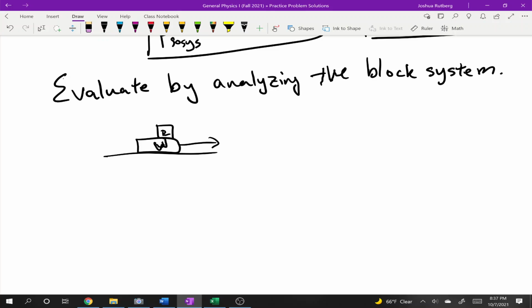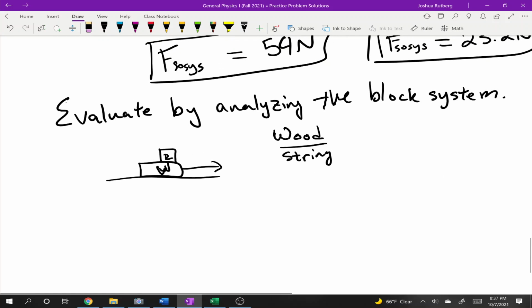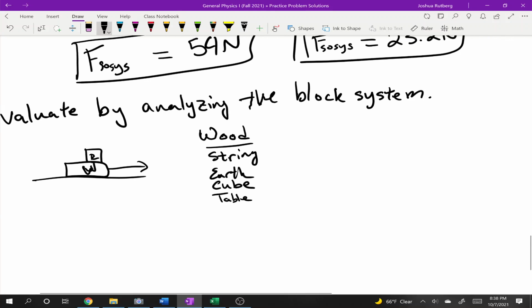So if I draw my force diagram, the wood is my system. The string is exerting a force, the earth is exerting a force, the cube is exerting a force, and the table is exerting a force.